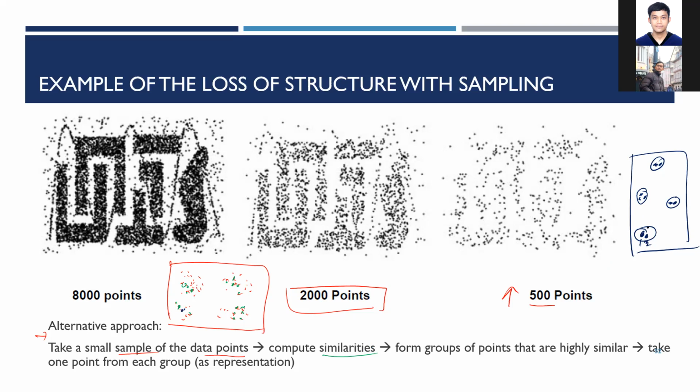So for example, this is group 1, group 2, group 3, group 4. From each group, we use only one data point as the representation. If the data is very similar, we don't use both of them. We just use one of them to represent their group.